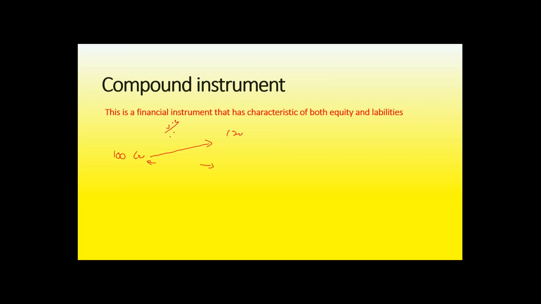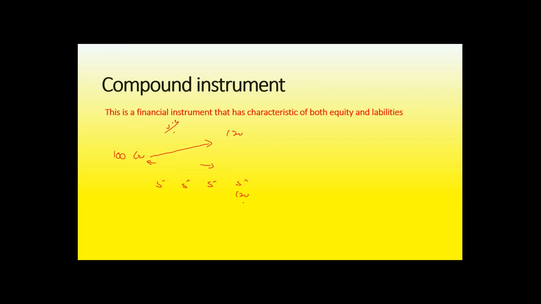Here we have to work out that there are two components in this one. We pay 5 in year 1, 5 in year 2, 5 in year 3, 5 in year 4, and we are also committed at the end of the period to pay 120.